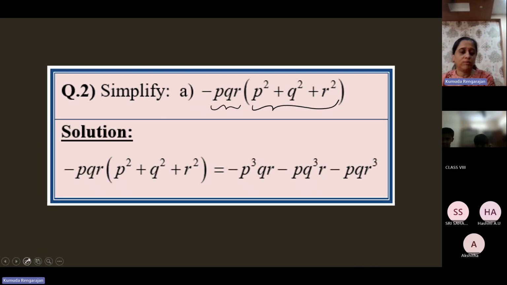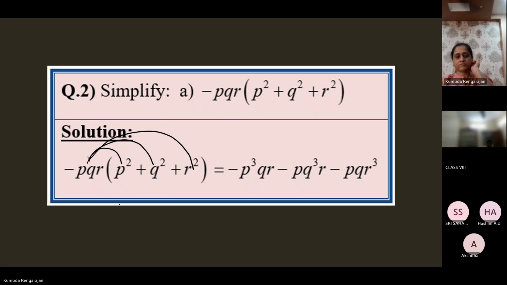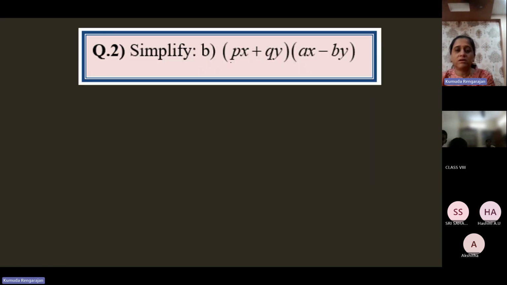But monomial, how will you multiply? Just write it like this: this with this, this with this, and this with this. Binomial into binomial: first term multiplied by the second bracket, second term multiplied by the second bracket.